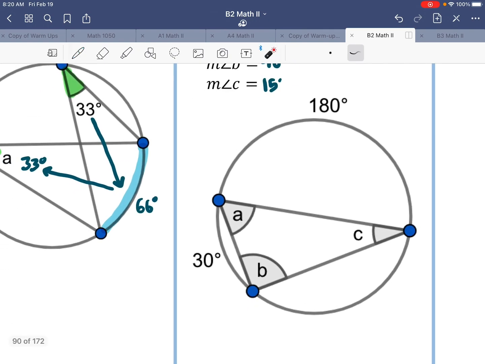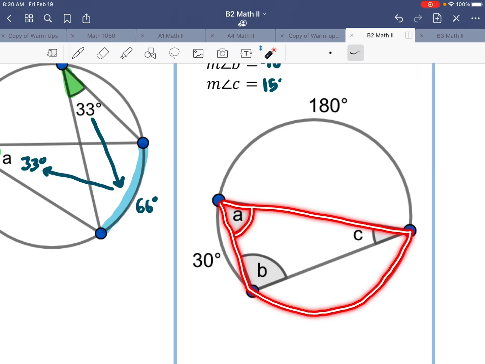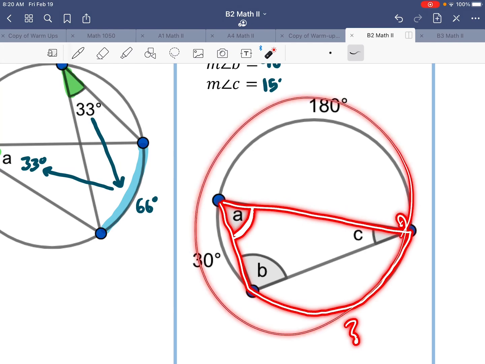And then the last one is kind of a mystery, right? So we have angle A that we're looking for. This arc measure is not given to us. And so we have a couple of different options here. We can either find out what this arc measure is using the fact that a full circle is 360 degrees, and we just take away 180 and we take away 30.